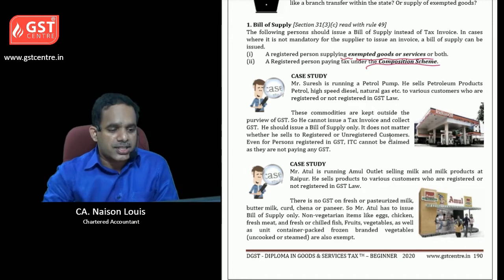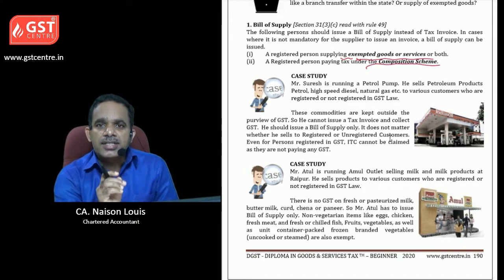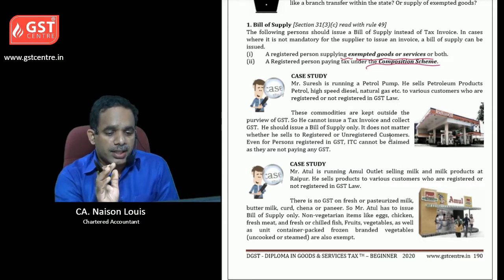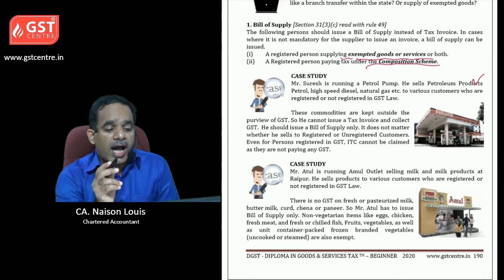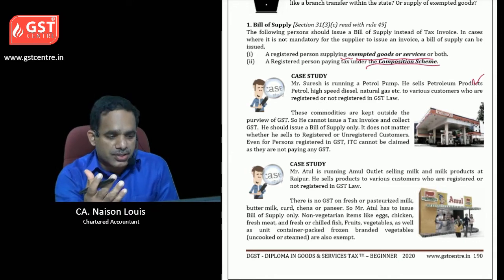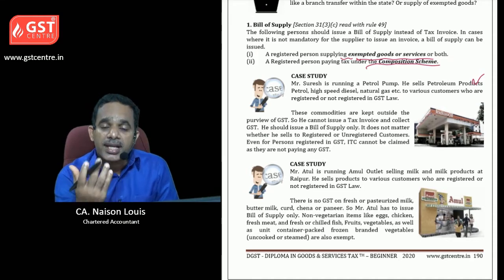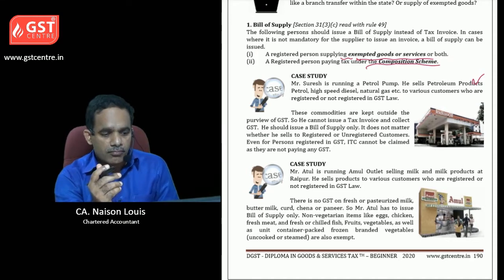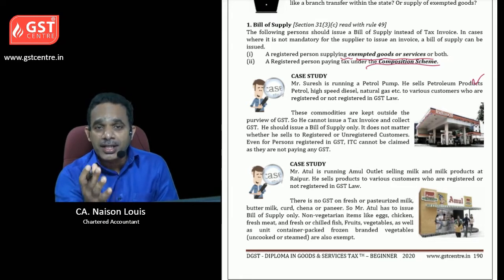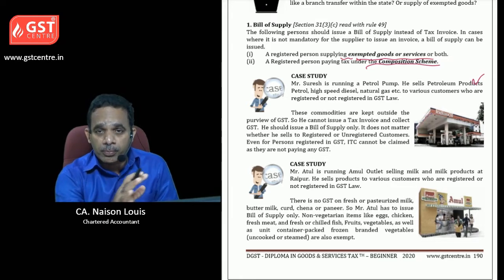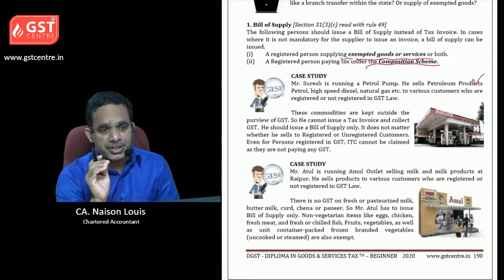Let us take one case study. Mr. Suresh is running a petrol pump. He sells petroleum products: petrol, high-speed diesel, natural gas, etc., to various customers who are registered or not registered in GST law. These commodities are kept outside the purview of GST. We had already seen in an early chapter that for petroleum products there is no GST.